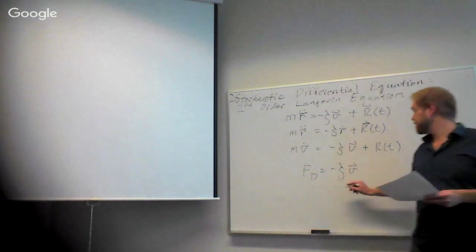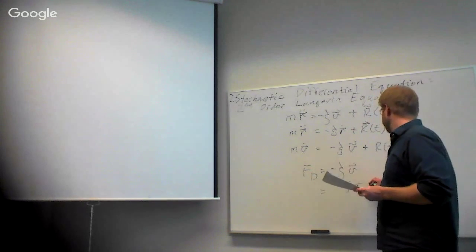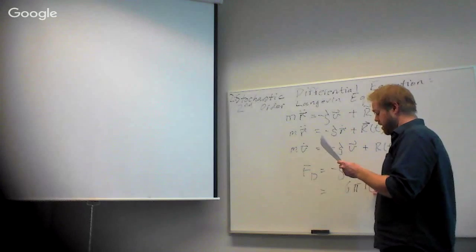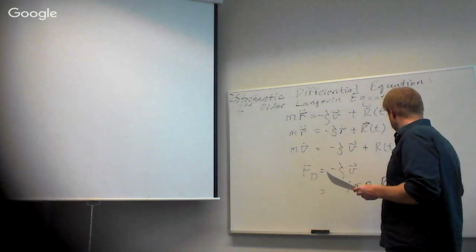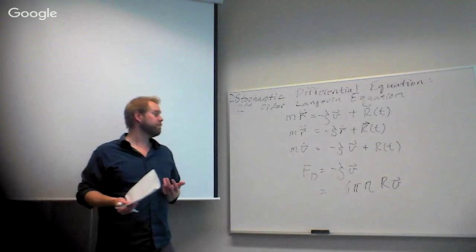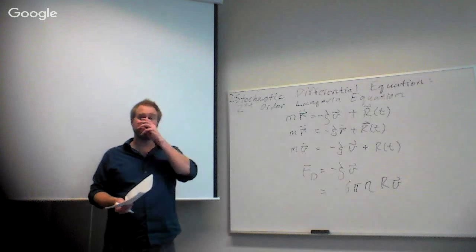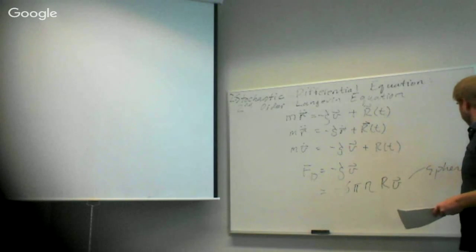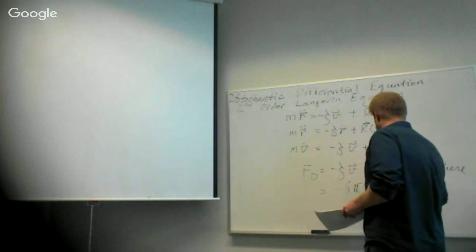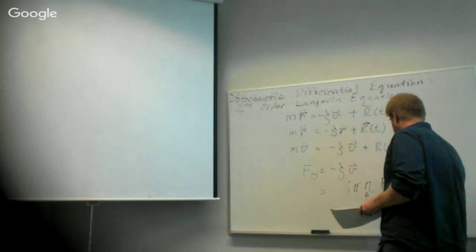Okay, and Stokes' law tells us that this is negative 6 pi eta r v, where eta is the viscosity of the medium, and r is the radius of the particle. So this is the case for a sphere. Where is the radius?